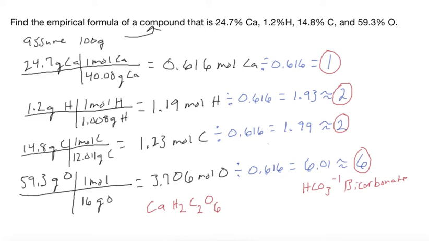In math, you would factor out a 2. If we did this, it would be HCO3 in parentheses with a 2. If we multiply this 2 by everything, we still get the same numbers: 2 times 3 gives me 6 oxygens, 2 times the 1 carbon gives me 2, and 2 times the 1 hydrogen gives me the 2 here.